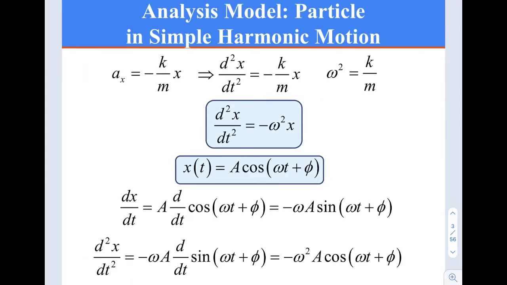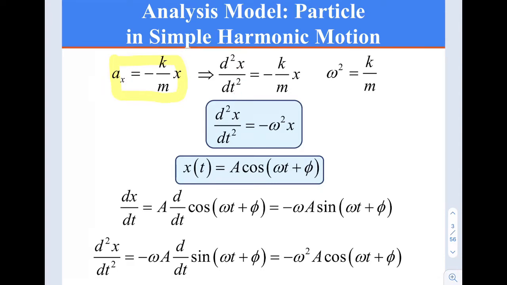Next slide. Analysis model, particle in simple harmonic motion. So what we have in our hand just now is this one: ax equivalent to negative k over m times x. We know that a is actually d squared x over dt squared, the second derivative of x with respect to time, which is acceleration.